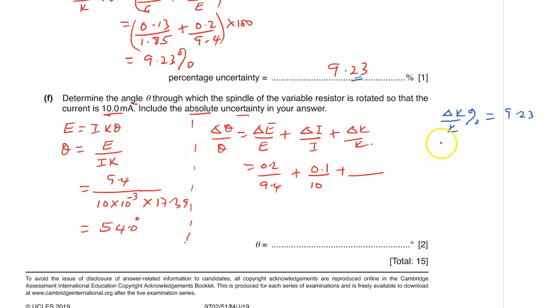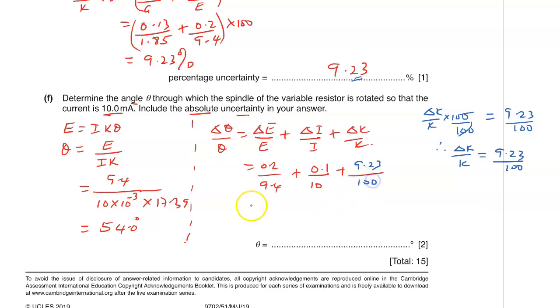And therefore, for the absolute uncertainty of K, we divide both sides by 100, because this is basically delta K over K times 100 to convert it to percentage. So we divide both sides by 100, and we get 9.23 over 100. So that is the absolute uncertainty of K, 9.23 divided by 100.